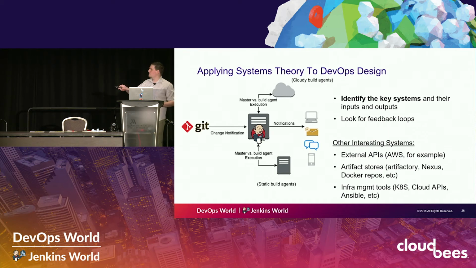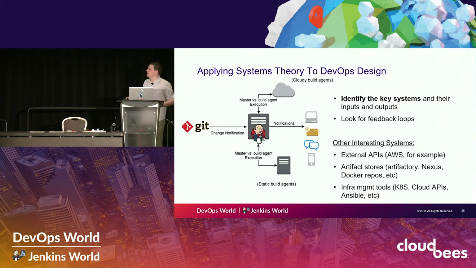Okay, so I'm going to circle back to the systems theory. I had mentioned in my presentation abstract that I was going to talk about how to apply that to general DevOps. This is actually a diagram I used a couple of years ago, and I think it's still relevant. This is decomposing your DevOps flow into different system interactions. So you've got your source control, your Jenkins master, build agents running ephemerally in the cloud or Kubernetes.